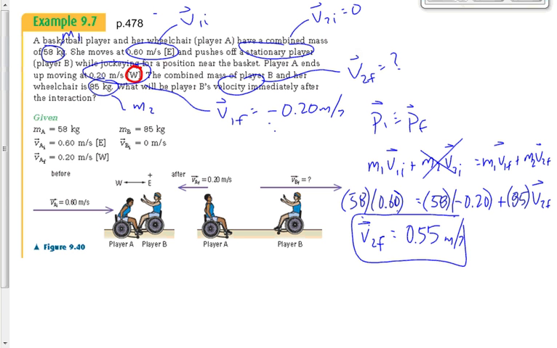Question? Now player A is going to the east, right? 0.60 meters per second to the east. On the bottom one, it says that's final. Yeah, that's the final. That should have said a negative there, right?